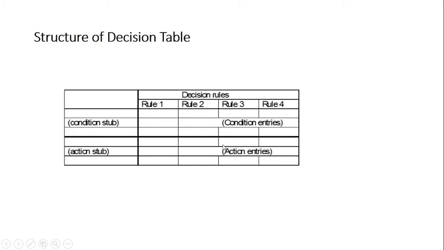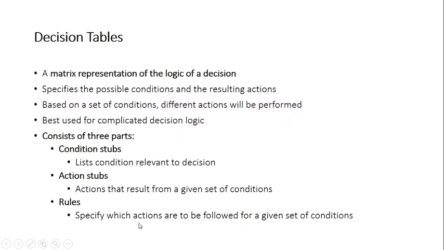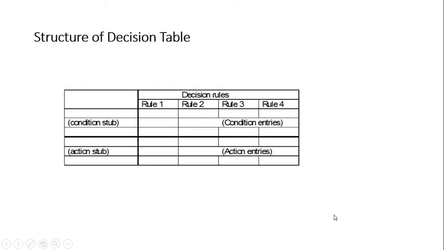And based on that certain action is taken, so that is known as a rule, right? So rule specifies which actions are to be followed for a given set of conditions, right? If you are going to combine these two, what will be the outcome? If you combine these two, what will be the outcome? If you combine all the three, what will be the outcome? So ultimately these will be the rules which actually help in the testing part also, where we used to design test cases based on these decision rules, right?